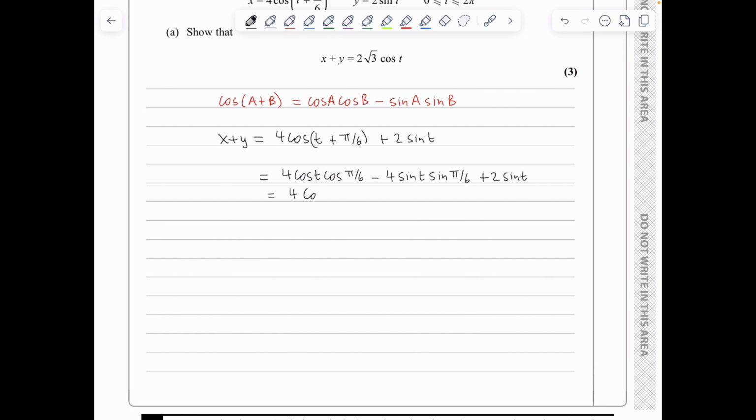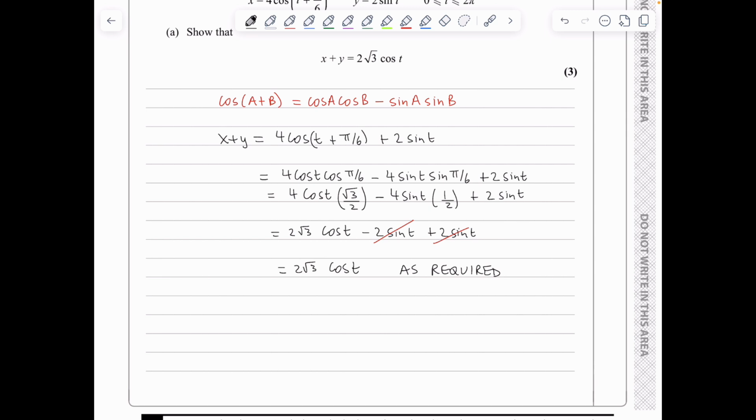So we've got 4 cos t root 3 over 2, and then minus 4 sine t, and sine of pi over 6 is a half. So I put the half, plus 2 sine t. Now all of this simplifies to 2 root 3 cos t minus 2 sine t plus 2 sine t. Obviously, the sine t terms will cancel out, and therefore this leads to 2 root 3 cos t as required.